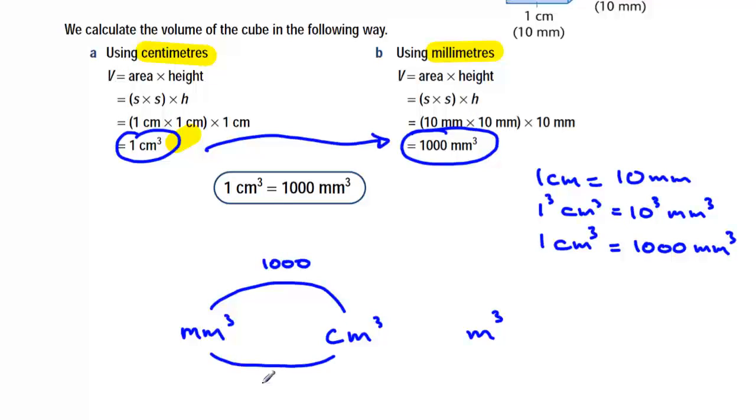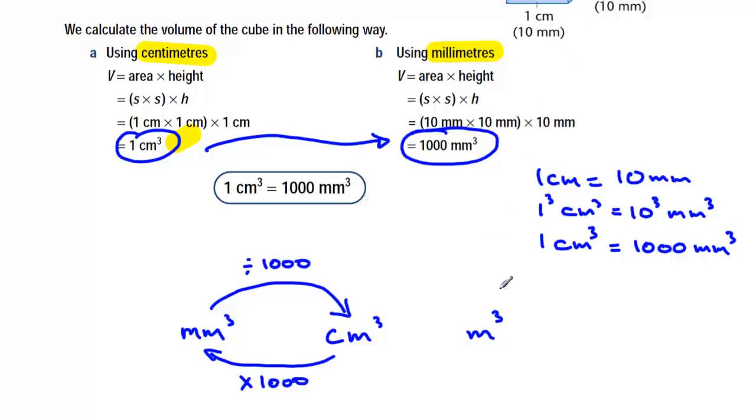Now, let's assume that we're going to go from millimetres cubed this way to centimetres cubed, and this way from centimetres cubed to millimetres cubed. Now the question is, do we times or divide by 1,000? And very simply, if we've got centimetre cubes, we're going to get a lot of millimetre cubes. So that would be a times, and over here it would be a divide.